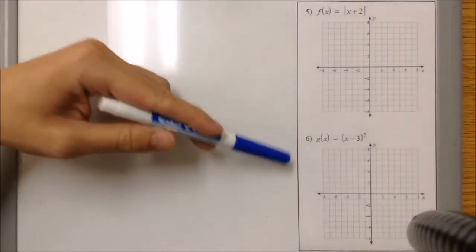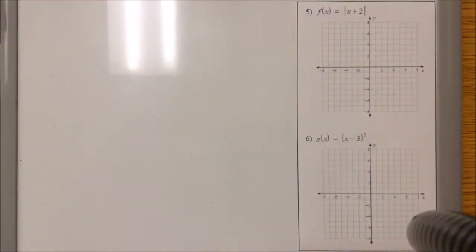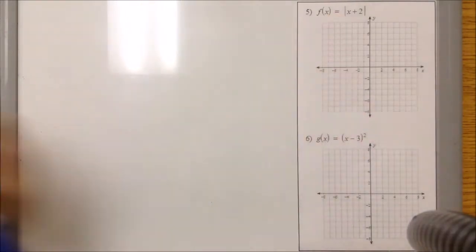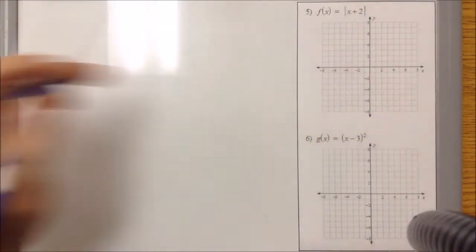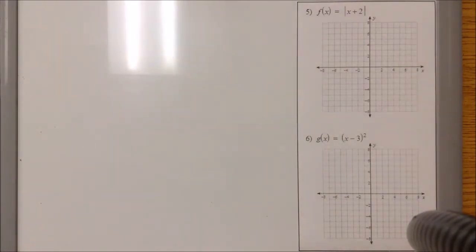Now we have 2 examples here, and I will show you how I'm going to do the work to show you the graph and then talk about the transformation, and you will visually be able to see what's going on. So our first step, when you have the absolute value of x plus 2, so you have a number within the function, is to look for the vertex.